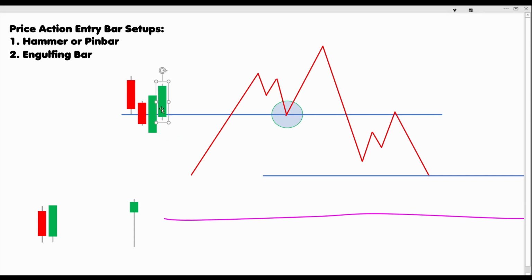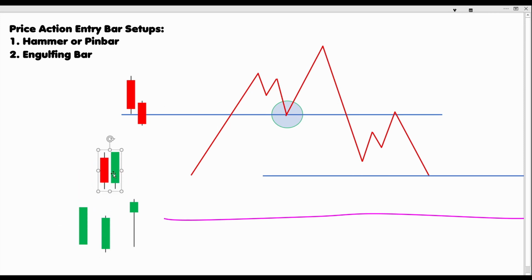And well, sometimes that won't happen because there's a lot of force, so it will just do something like this and start going up. So those are the two ways I use this. Okay, and the last example I'm going to show is how I personally take these trades.